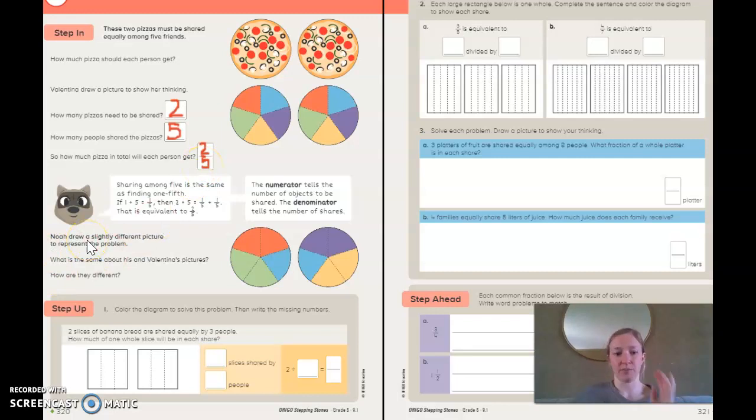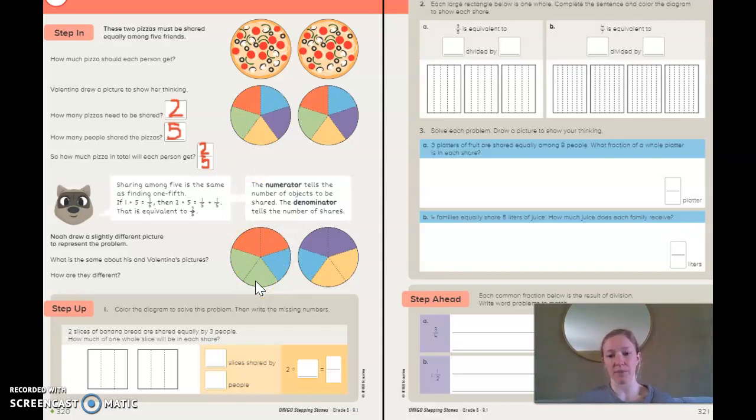Noah drew a slightly different picture to represent the problem. What is the same about his and Valentina's pictures, and how are they different? Okay, here's how they're similar. So Valentina and Noah still drew 2 different wholes. They have 2 different pizzas, okay? They also divided each piece of pizza up into 5 different pieces.